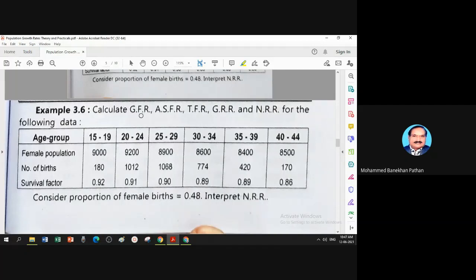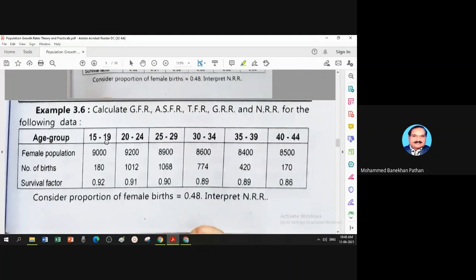Calculate GFR, ASFR, TFR, GRR, NRR. What is GFR? It is general fertility rate, age specific fertility rate, total fertility rate, gross reproduction rate, net reproduction rate.